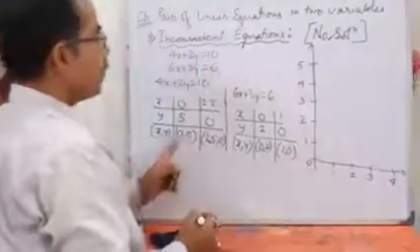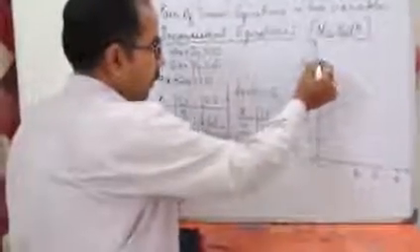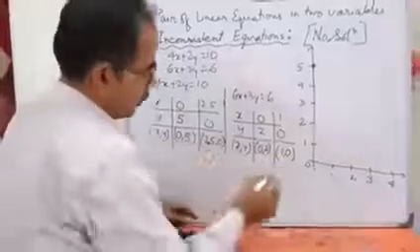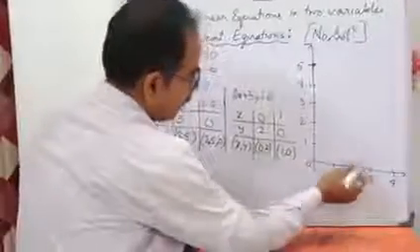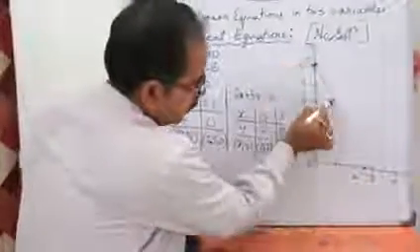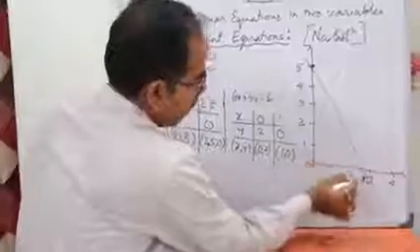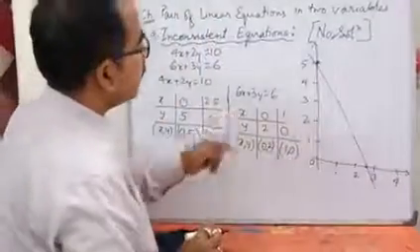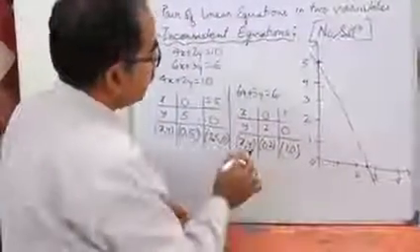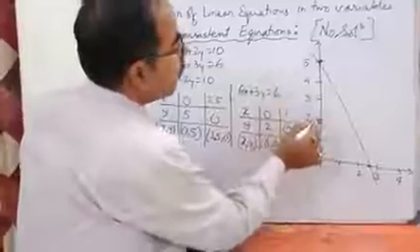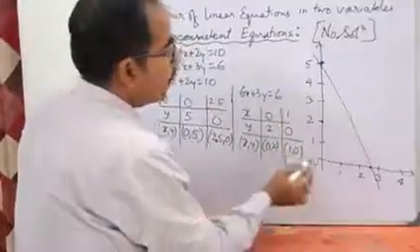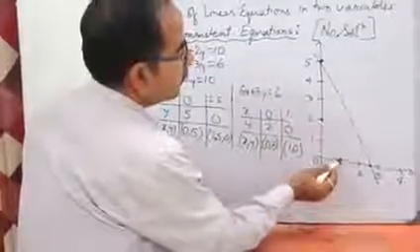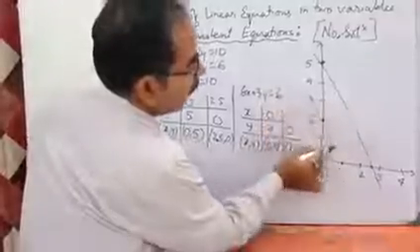The first point is (0, 5) over here, and the next one is (2.5, 0) over here. Let us join the points. The second line has points (0, 2) over here and (1, 0) over here. Let us join these points too.